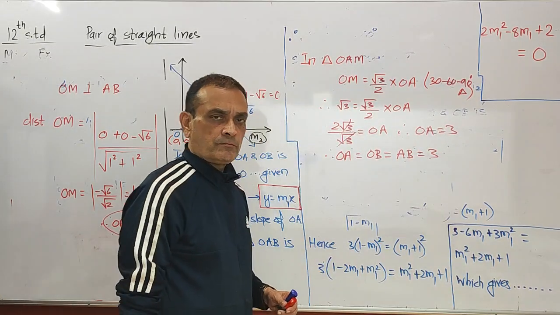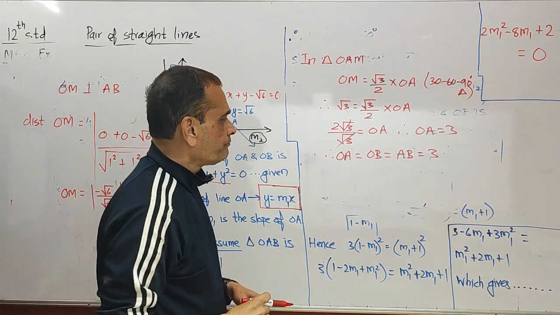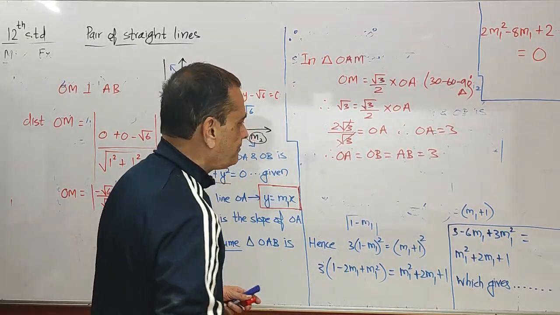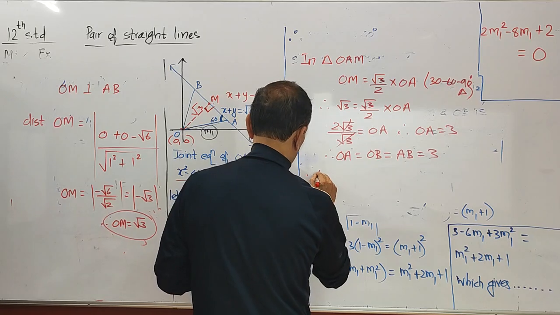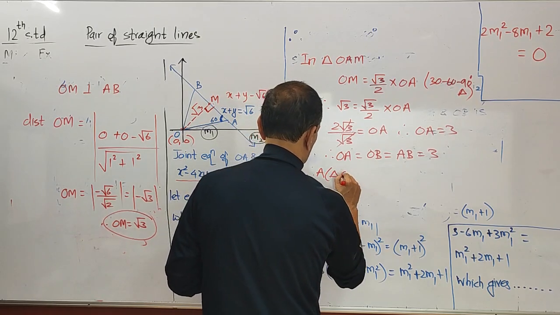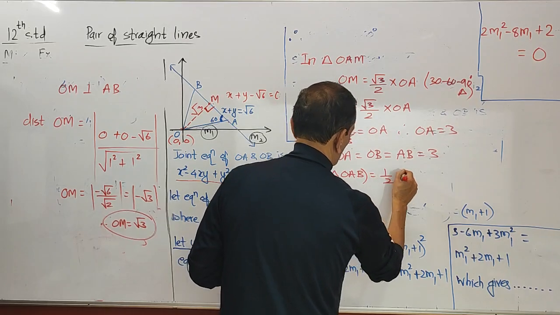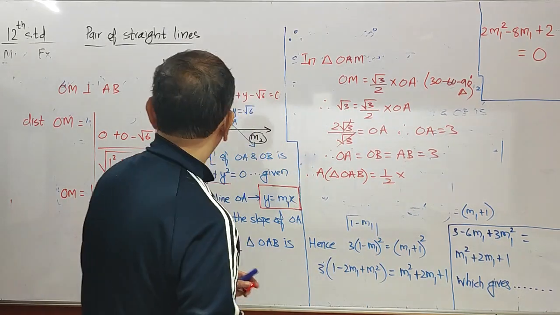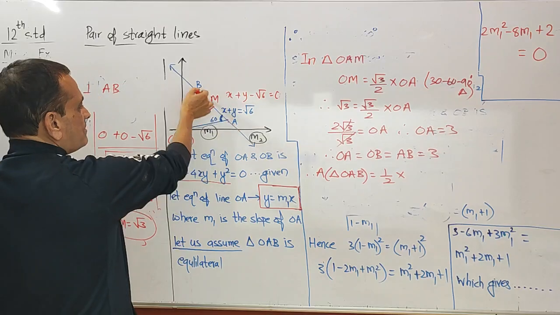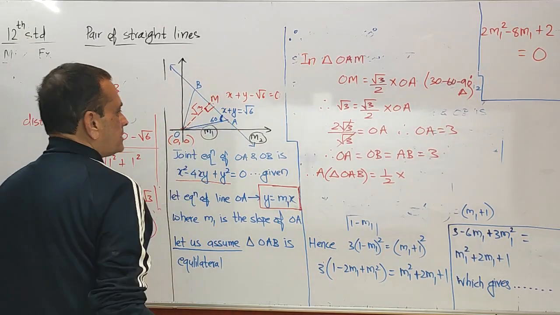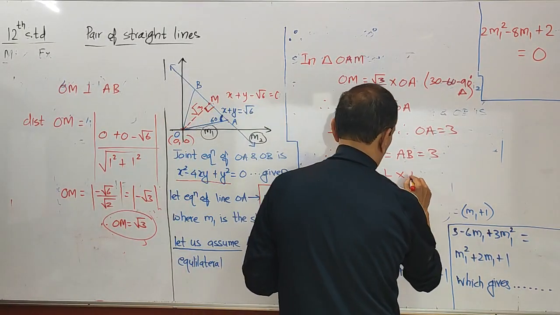Last two steps खत्म होने का है अभी. First I'll find the area. Half base into height. I have taken this as the base and this as the height. So half AB into OM.